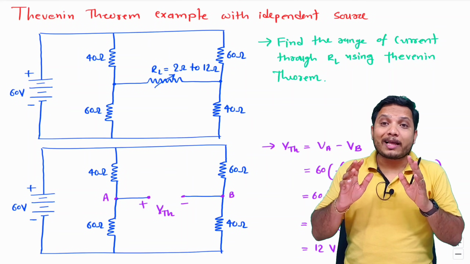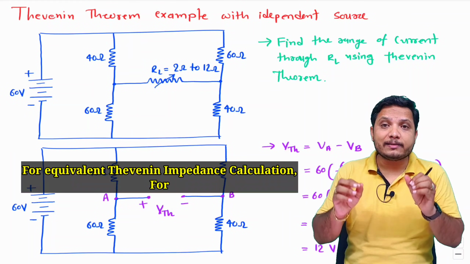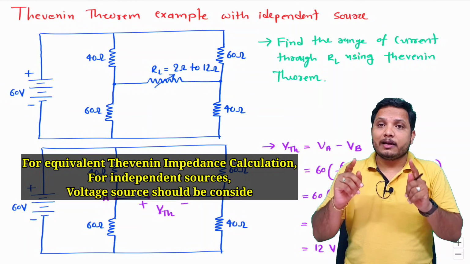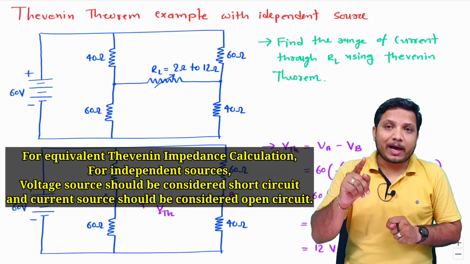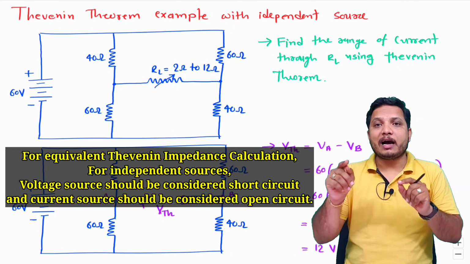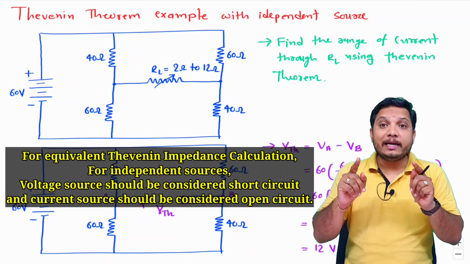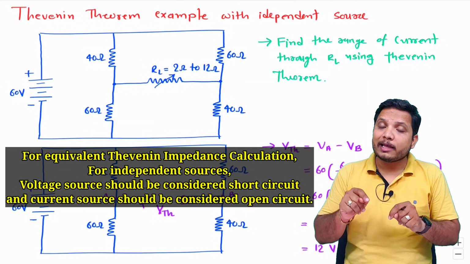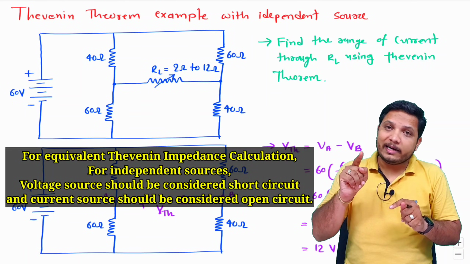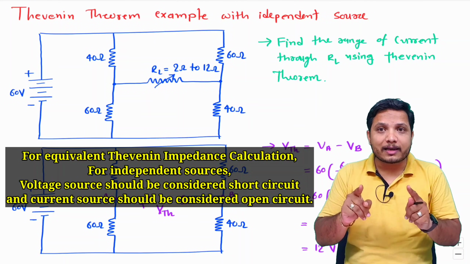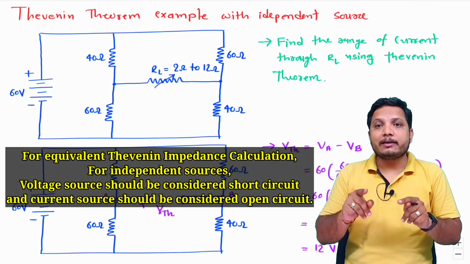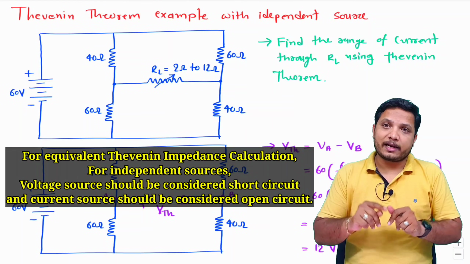Whenever you want to calculate the equivalent Thevenin's impedance, remember this, my dear students: you will have to eliminate the load, and then, for independent sources only, the voltage source should be short circuited and the current source should be open circuited.